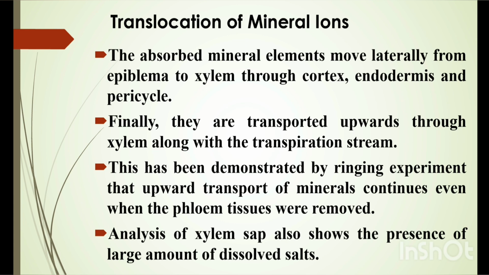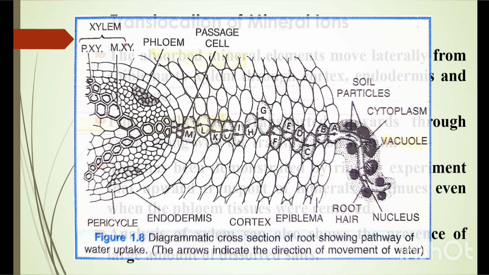After the absorption by the epiblema or root epidermis, sometimes hypodermis, but generally the cortex layer is present in the root after the epiblema. After cortex, the endodermis layer is present. The inner layer of cortex is called endodermis, and after endodermis, the pericycle layer is present. After pericycle, xylem and phloem bundles are present.